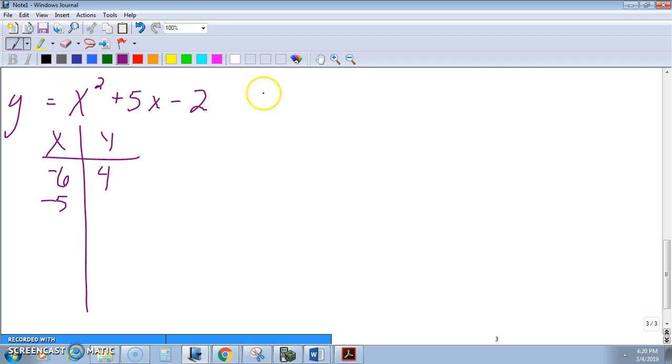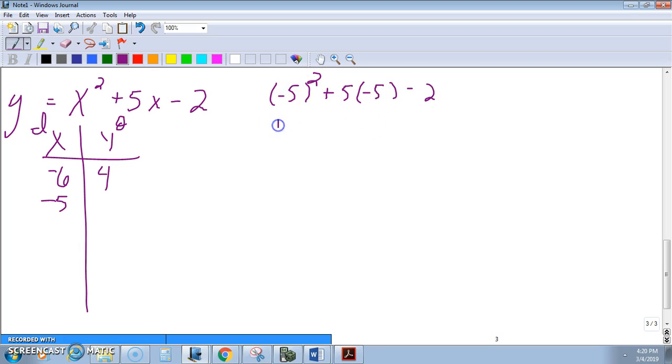Well, I don't have the calculator in front of me. How could I have figured that out? I just input that -5. That's my input. Remember, x is my input, y is my output. So I have -5 squared plus 5 times -5 minus 2.